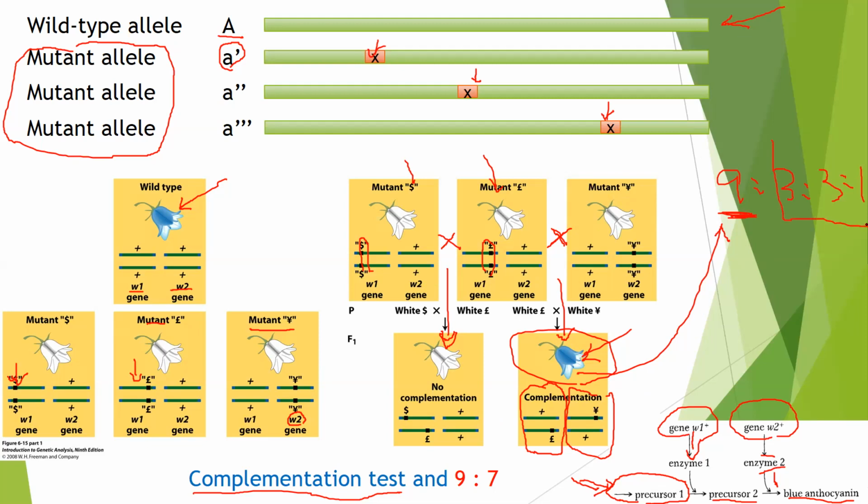Then these three classes will show the same phenotype, which is mutant, the white color, and only this category will show the purple. This gives us this ratio, 9:7.